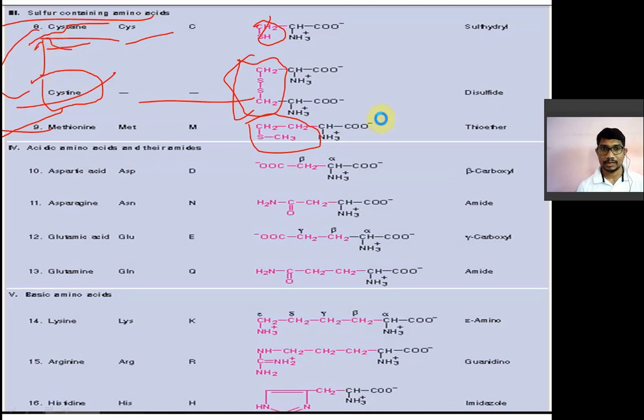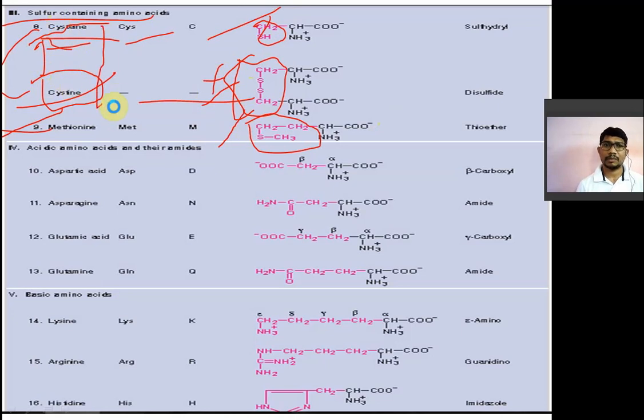Now all these sulfur containing amino acids are very powerful antioxidants and they have a very important biochemical role. They increase the formation of glutathione level.